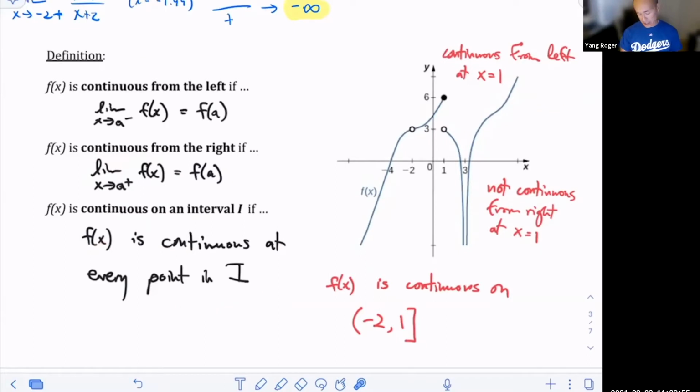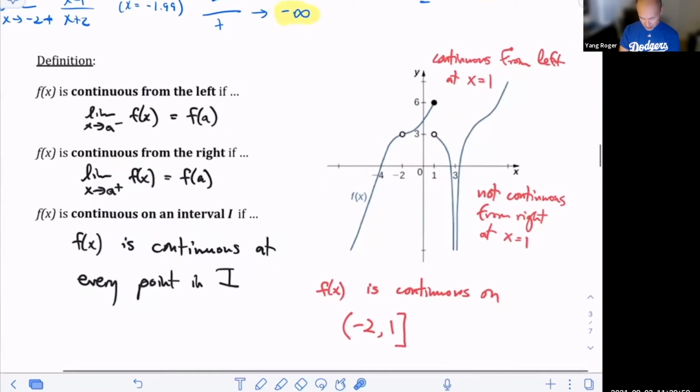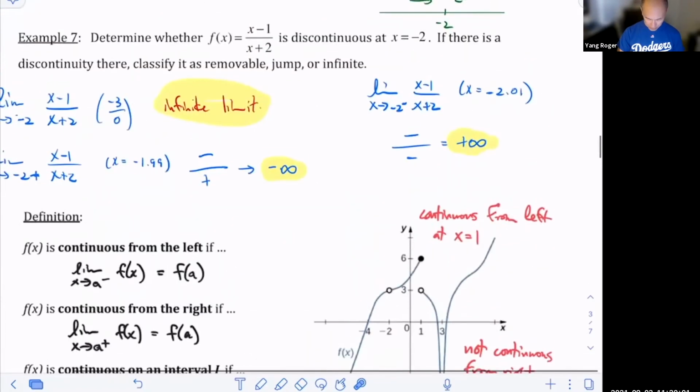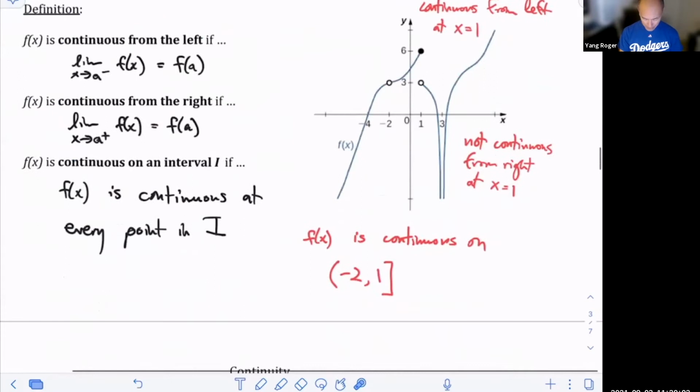So when you look at this graph, we can see that there are, I guess, three interesting points here. I would say x equal to -2 is one of the interesting points.